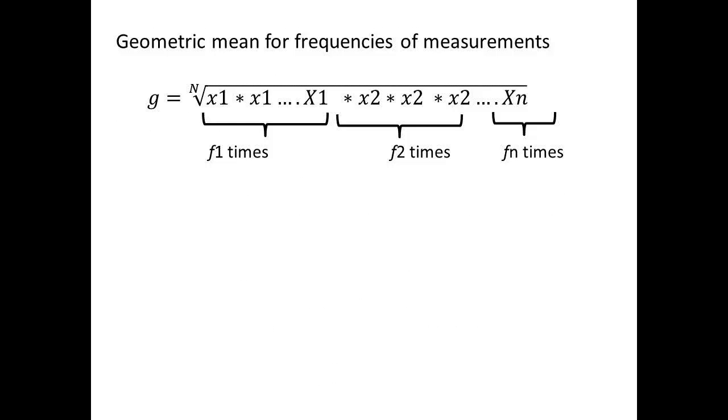We can also find the geometric mean for frequencies of measurements, just as we earlier determined the arithmetic mean for frequencies of measurements.